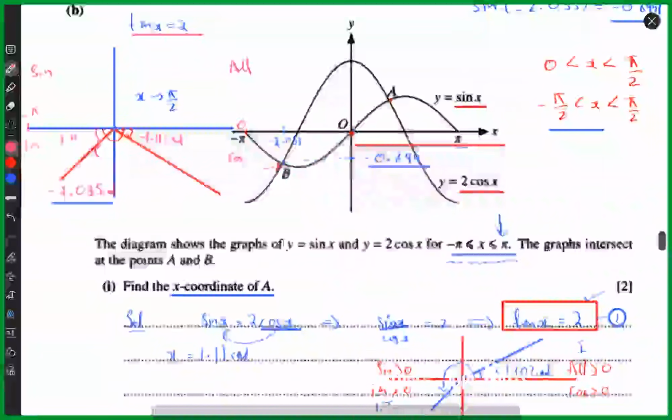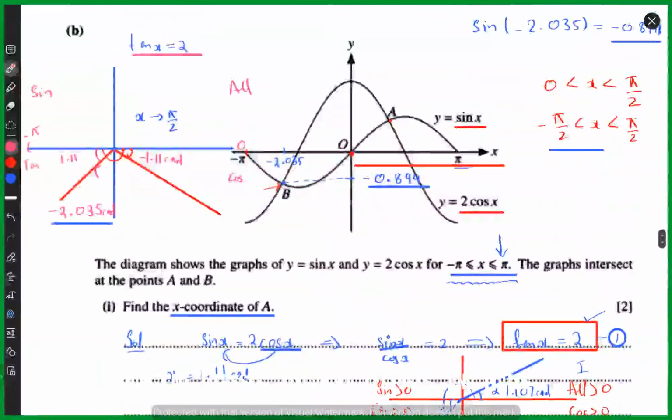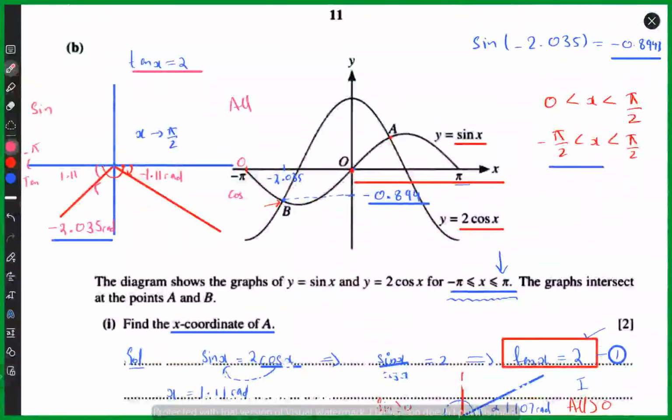Ma'am, you could also find the B coordinate. Since we know that our B is in the negative, we had already found the X coordinate of A, which is 1.11. So you can say minus pi plus 1.11, and it will give you minus 2.034.